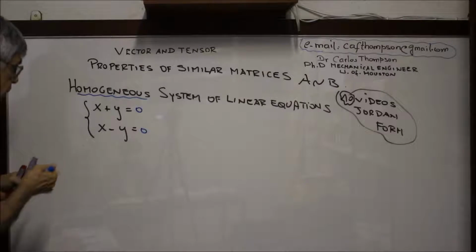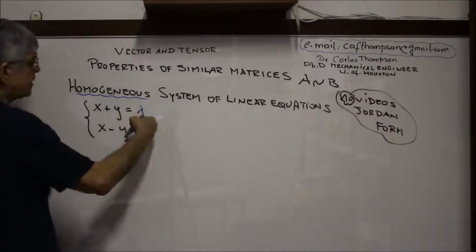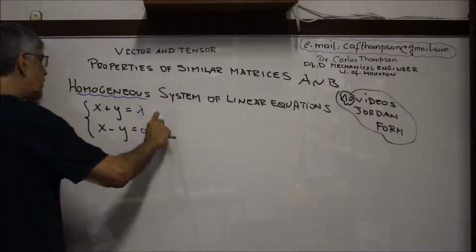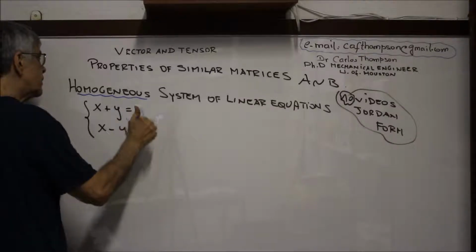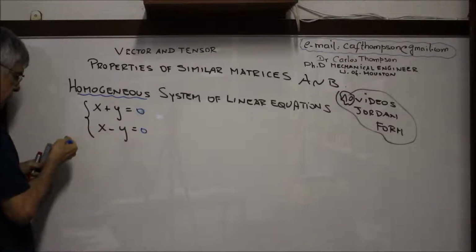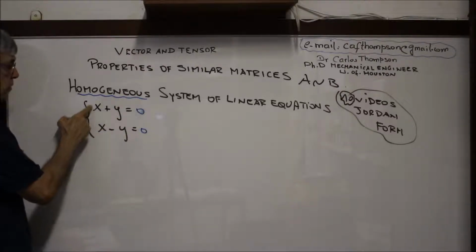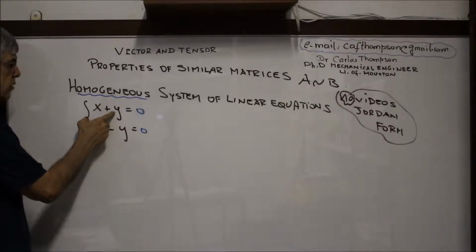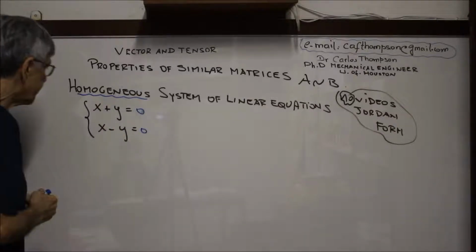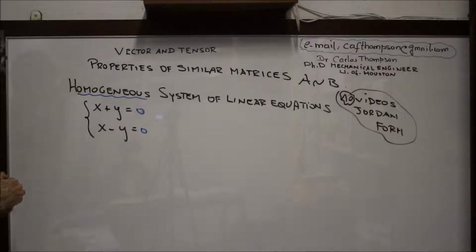Suppose I have one over here, this is not a homogeneous system. The right-hand side has to be 0. So x, y are the unknowns, and the coefficient of x is 1, coefficient of y is 1, coefficient of x is 1, coefficient of y is minus 1.